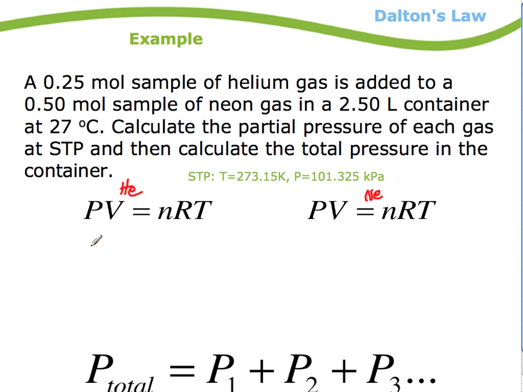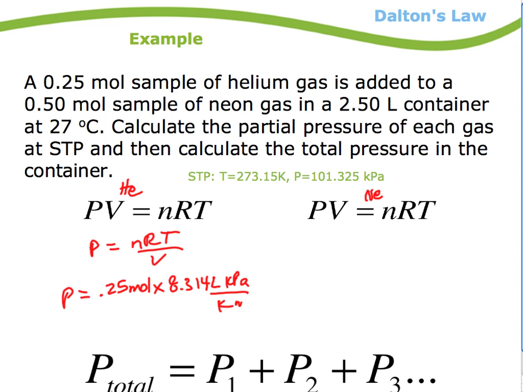So for helium, I want to figure out the pressure, so I'm going to solve the equation for P, nRT over V. So the pressure is equal to the number of moles, 0.25 moles, times my universal gas constant in liter kilopascal per Kelvin mole, times the temperature.